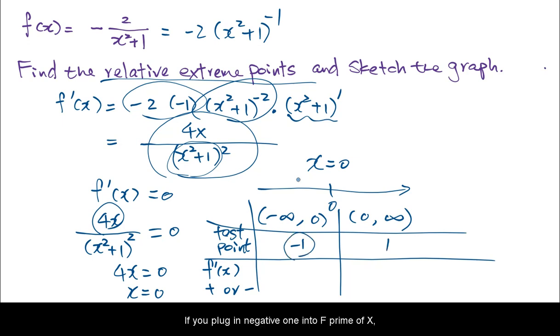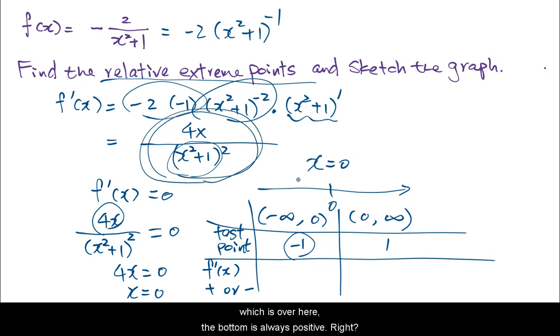If you plug -1 into f prime of x, the bottom is always positive, so overall it's negative, and when x equals 1, it's positive.